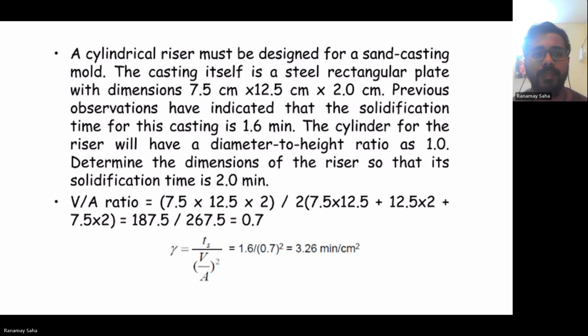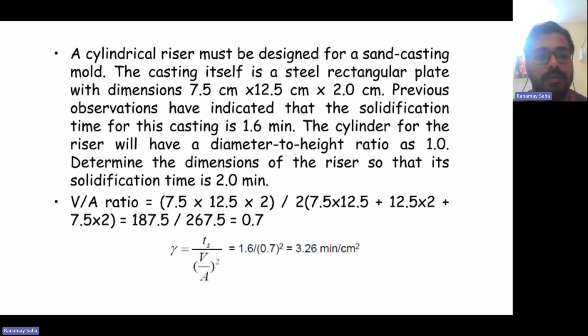Now this is a question which deals with a cylindrical riser for a sand casting mold. Here, the casting is a steel rectangular plate which has dimensions of 7.5 by 12.5 by 2 centimeters. It is said that previous observations have indicated that the solidification time for this casting is 1.6 minutes, and you have to find the dimensions of the riser so that its solidification time is now 2 minutes.